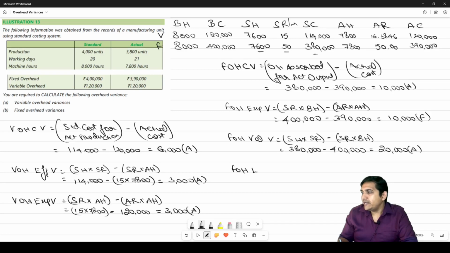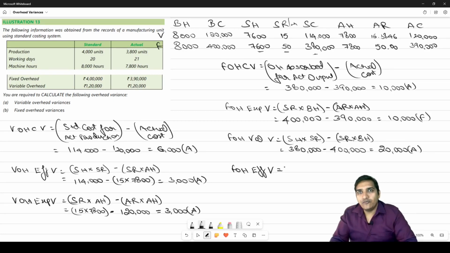Next we will do fixed overhead efficiency variance. Here, don't get confused between fixed and variable overheads. In variable overheads, efficiency variance comes at the second level itself. However, in fixed overheads, efficiency comes at the third level.